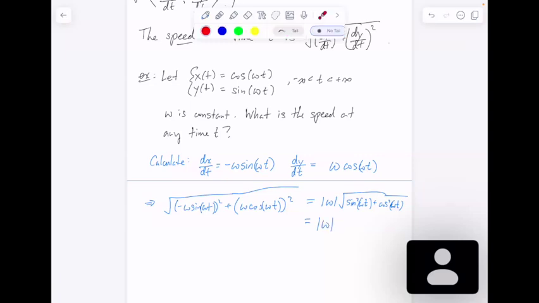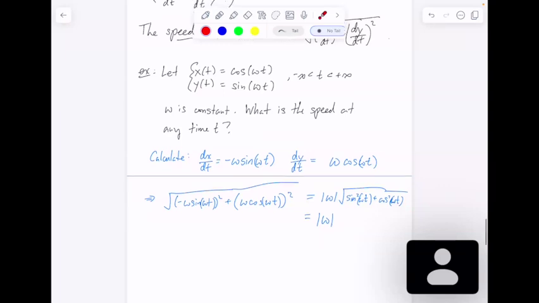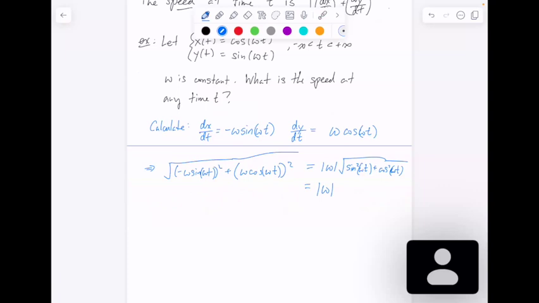Now, does someone recognize what parametrization this is? x is cosine omega t, y is sine omega t. What curve is this in the plane? Yeah, so this is a circle centered at 0, radius 1. We saw this last time, maybe you can review your notes.